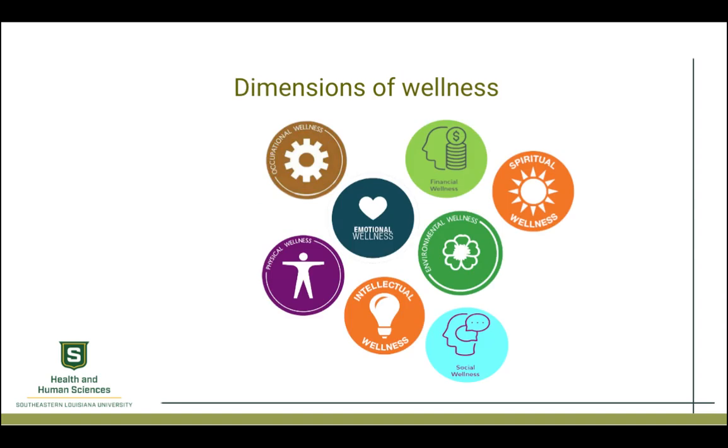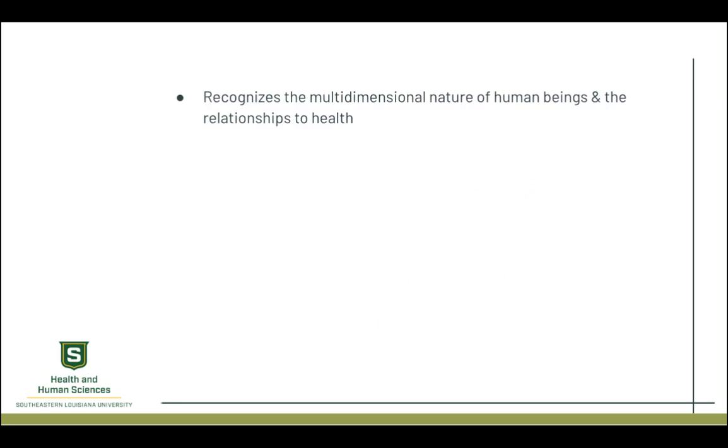So these are the dimensions of wellness. There are 8 of them. You have occupational wellness, you have environmental wellness, and also physical wellness. So there are 8 of them. So it's important that one recognizes that all of us as human beings have a multidimensional nature to us, and therefore a multidimensional relationship to health.